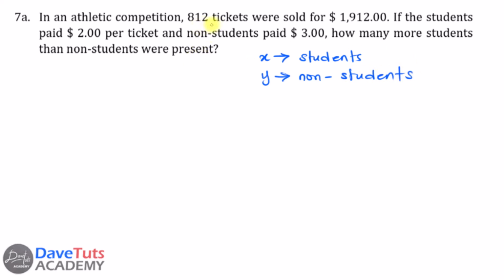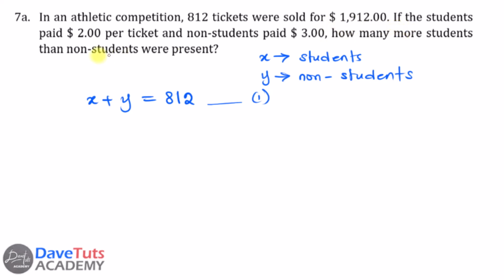The total number of tickets that were sold was 812. That means that we can say x, the tickets bought by students, plus y, the tickets bought by non-students, everything is going to be 812, and we can take this as our equation 1. Okay, and then now these were sold for $1,912. No problem.